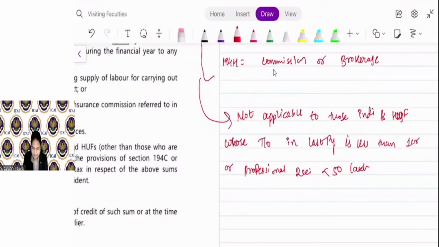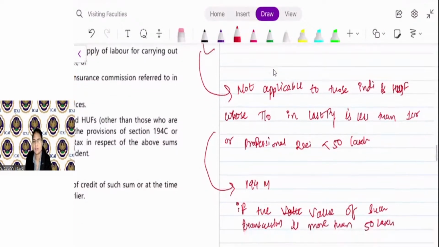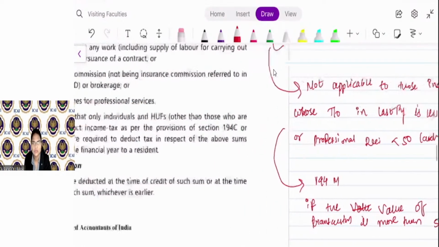So in that case, if they are obtaining any professional service or entering into any contract or paying any commission or brokerage, they are required to deduct TDS under section 194M if the value of such transaction is more than 50 lakh during the year.